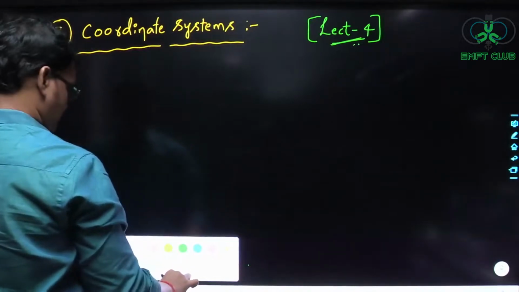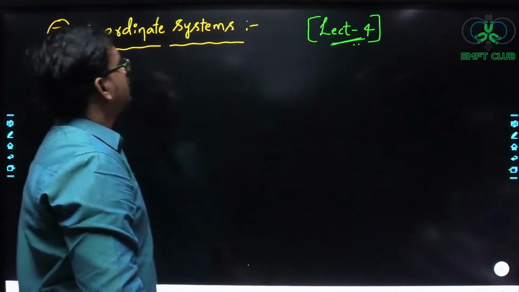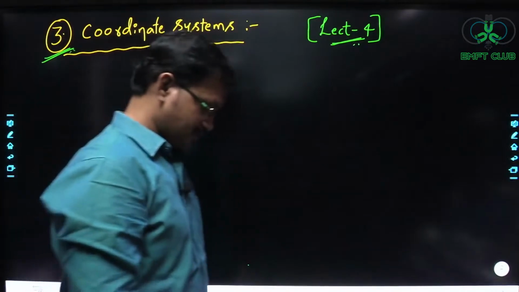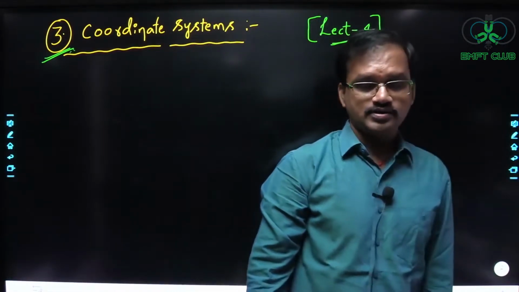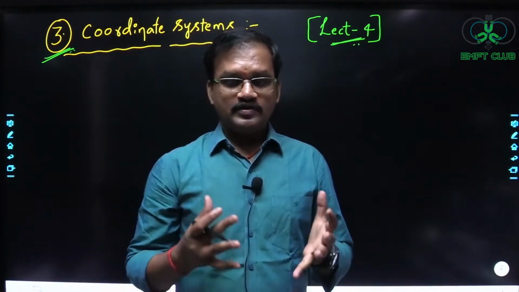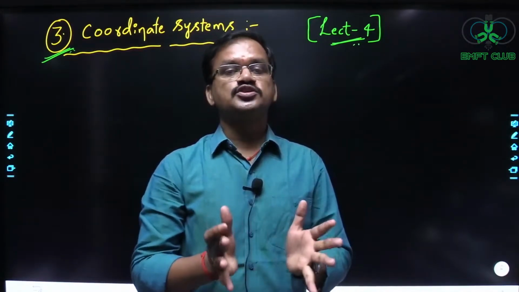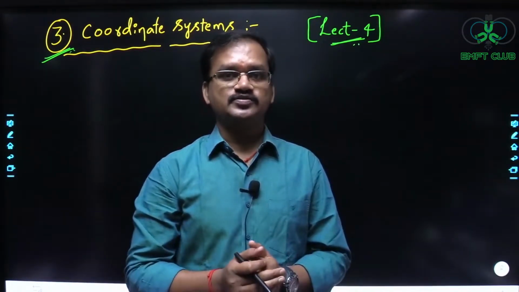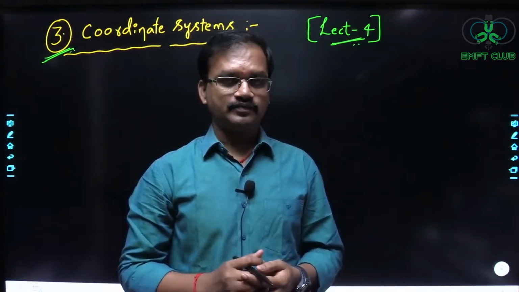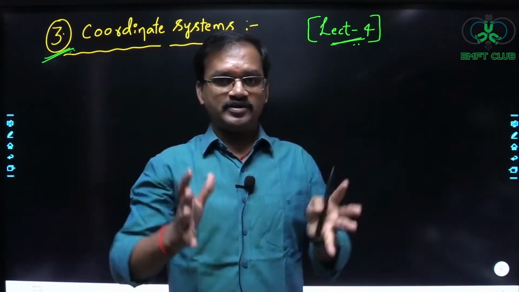So first of all, coordinate systems. What is the purpose of coordinate systems? The purpose is that with the help of a coordinate system we can represent the distribution of fields in 3-dimensional space. For example, if you consider an antenna, that antenna radiates electromagnetic waves in 3-dimensional space.